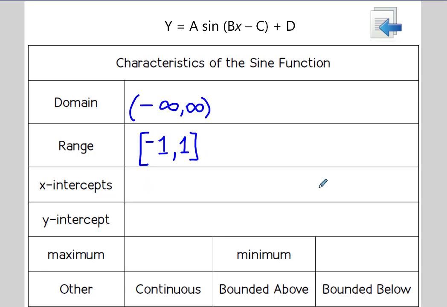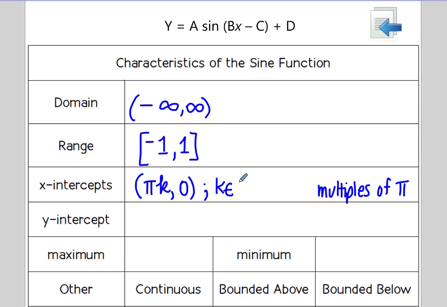The x-intercepts, if you notice, were multiples of pi. And if we wanted to write that mathematically, we could say that the x-intercepts occur at pi times a constant k, where that k value is any integer value, whether it's 0 or 1 or -1, 2 or -2.